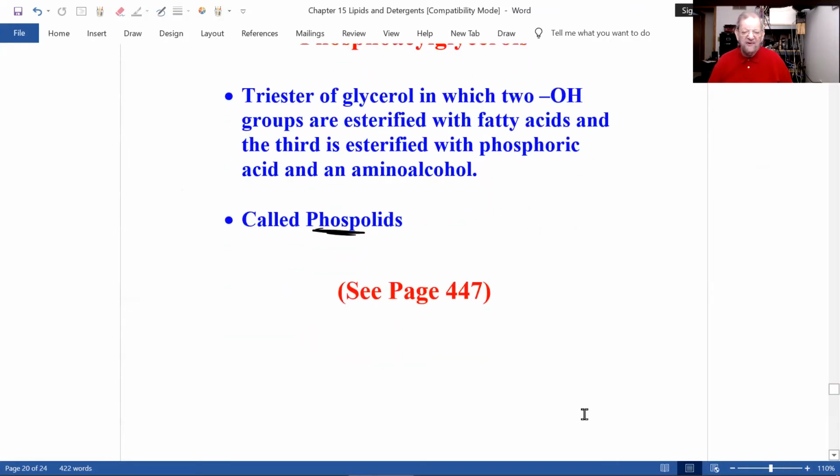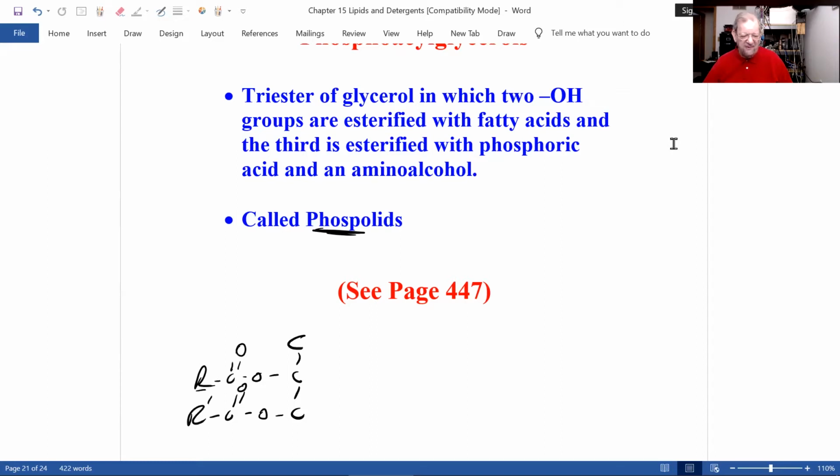And phospholipids are found in many places. They have the structure like this. These are one of nature's surfactants.